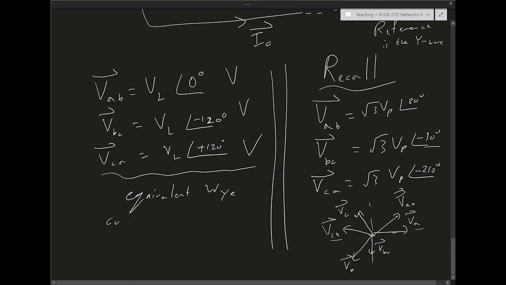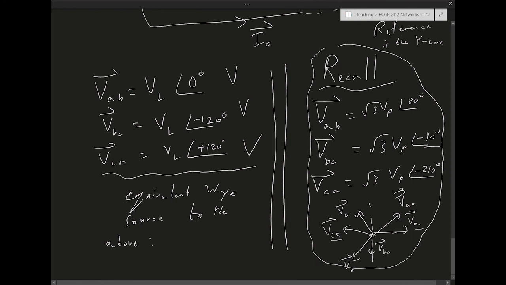And then we could say, hey, what is the equivalent Y connection, the equivalent Y source to the above? Well, we could use those formulas that we remembered. We know that VAB is 30 degrees ahead of the phase voltage.